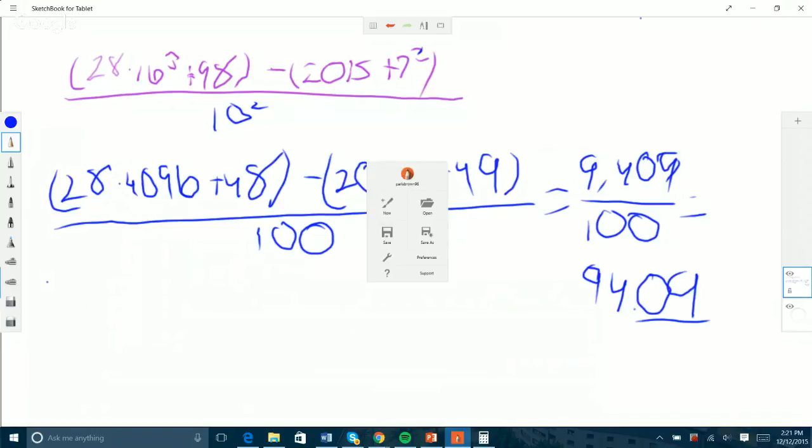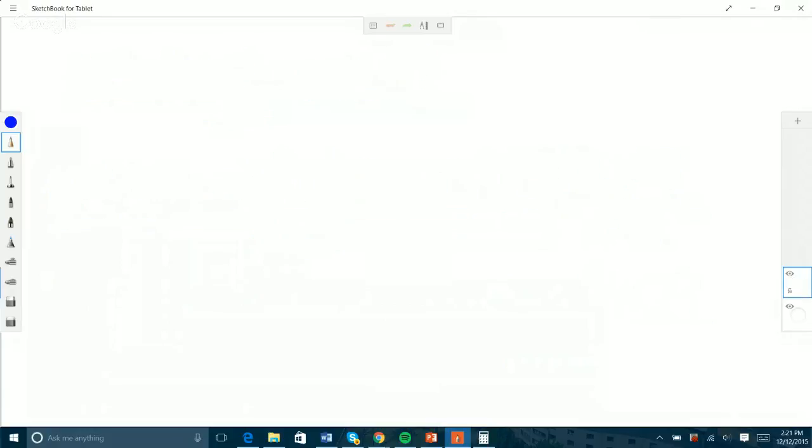Now, speaking of decimals, decimals are numbers that come after the whole number or the integer.